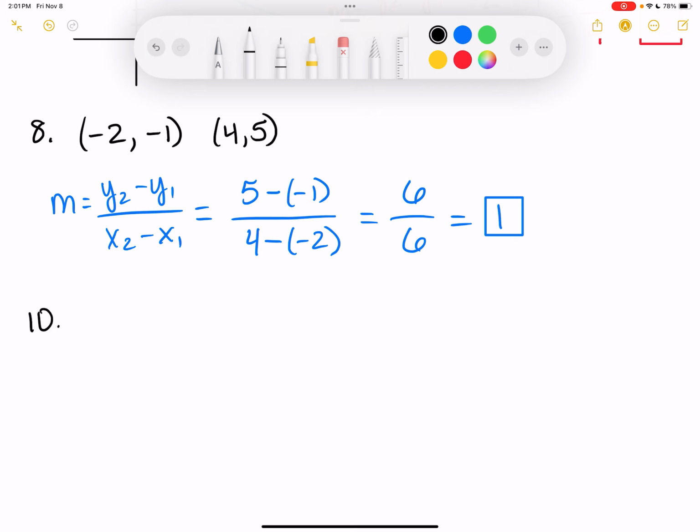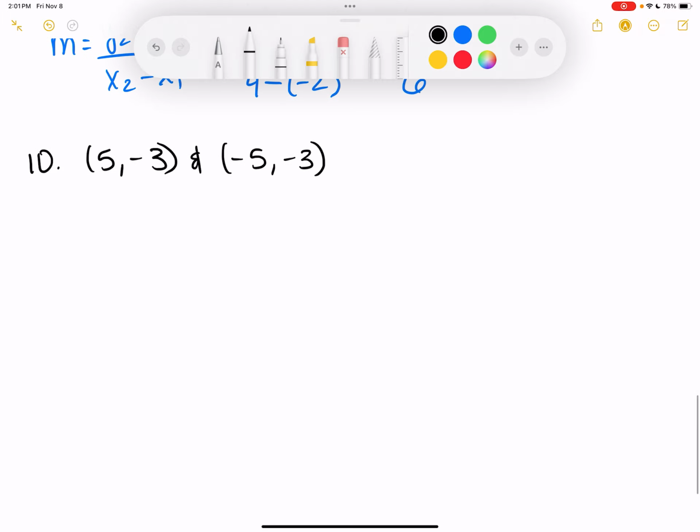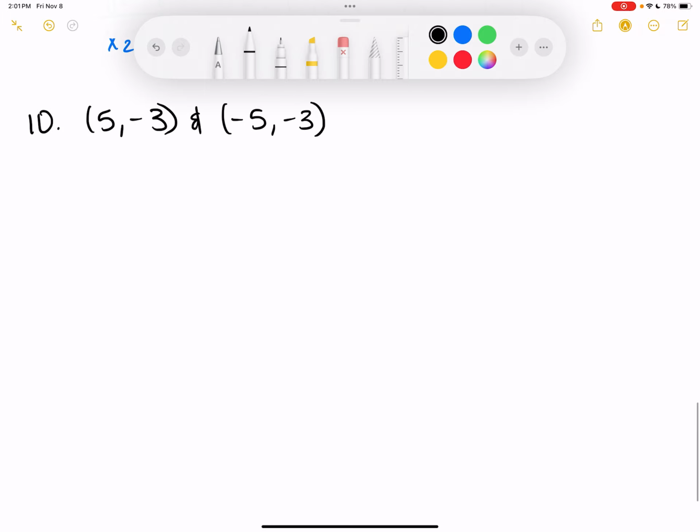All right, number 10. 5, negative 3, and negative 5, negative 3. All right, somebody different that didn't say it last time, say the slope formula. m equals y2 minus y1 over x2 minus x1.